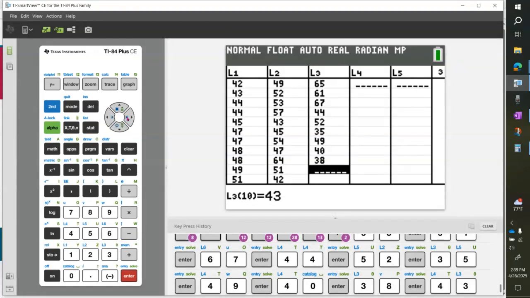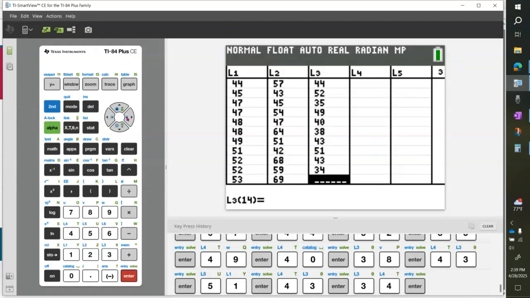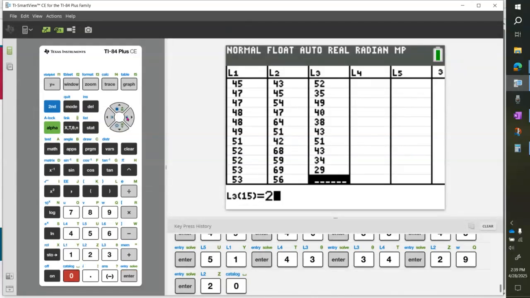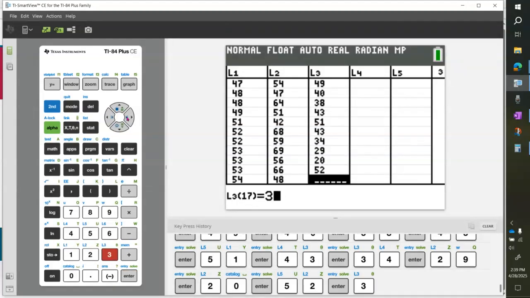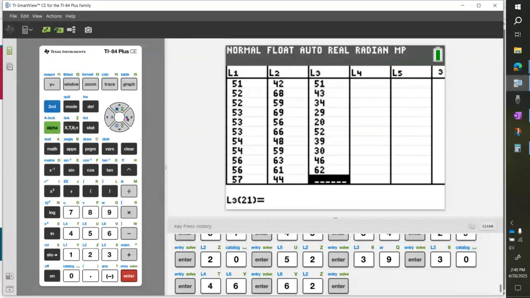And then 43, 51, 43. Okay, next 34, 29, 20. Next column 52, 39, 30. And then 46, 62, 41.